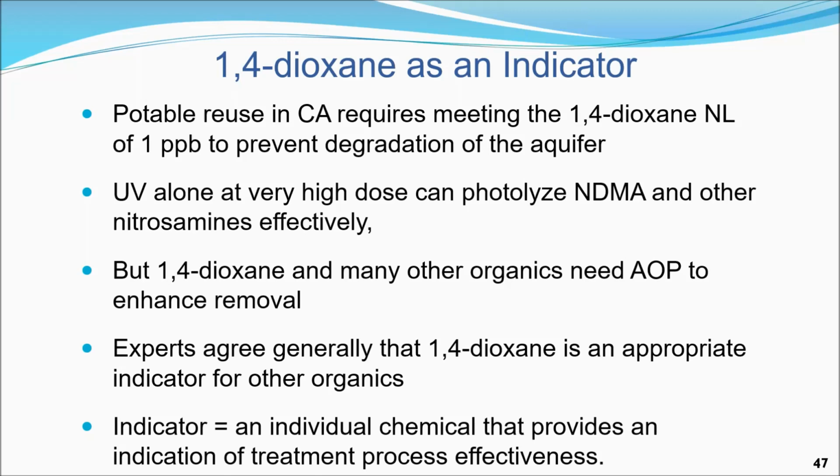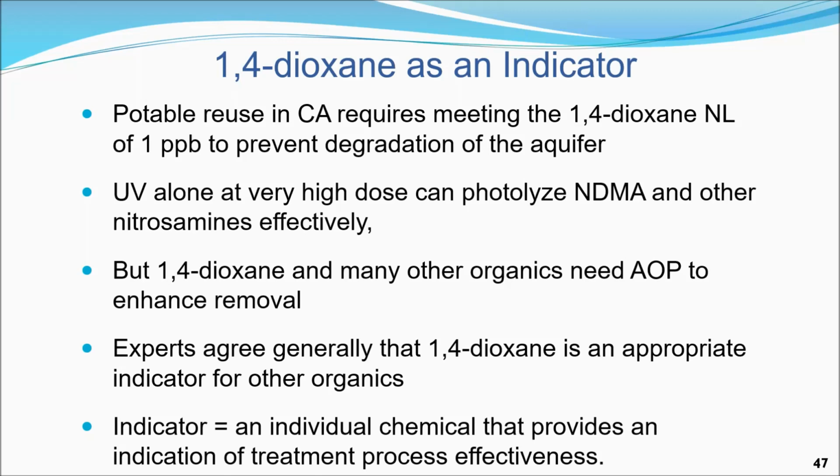So it's a combination of high-dose UV, and UV by itself will break down the NDMA at high doses, but it cannot metabolize 1,4-dioxane very effectively. So advanced oxidation is added, and most experts in potable reuse agree 1,4-dioxane is an appropriate indicator for a lot of other organics.